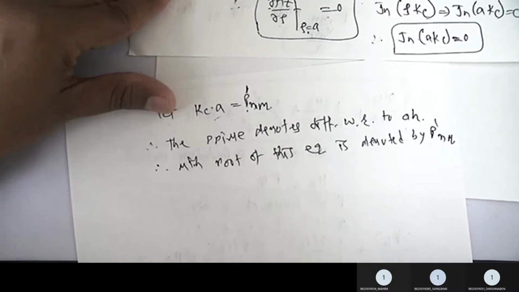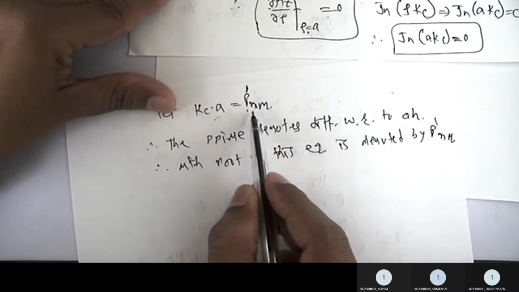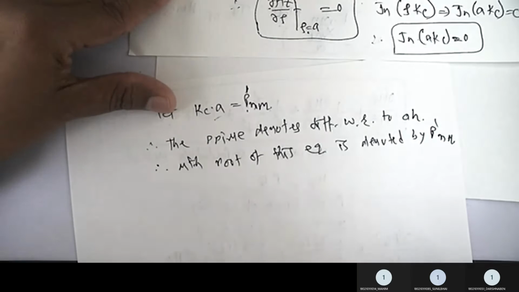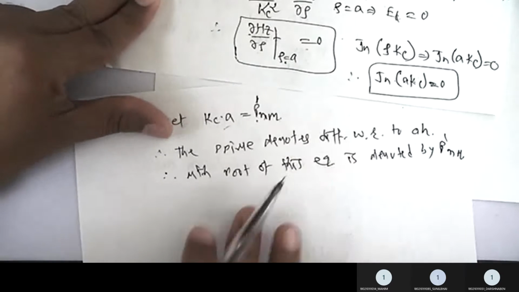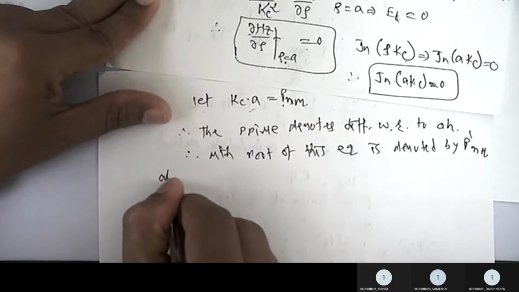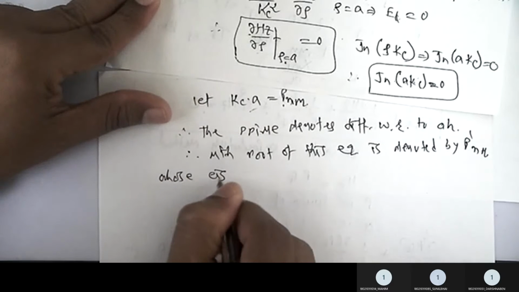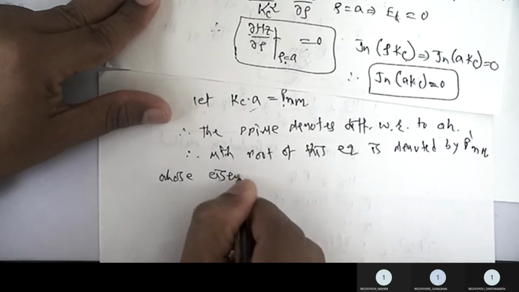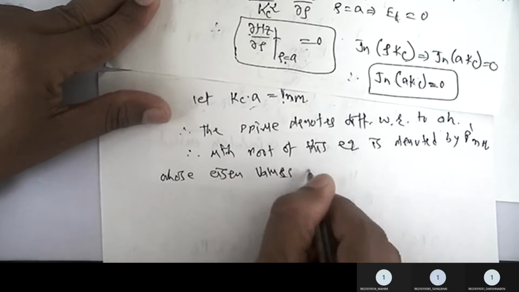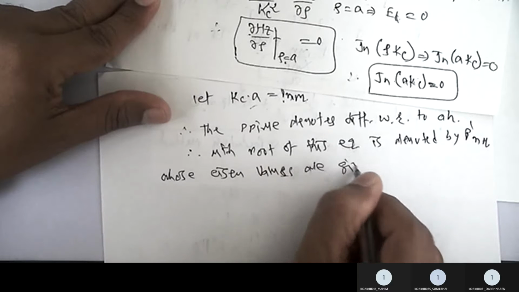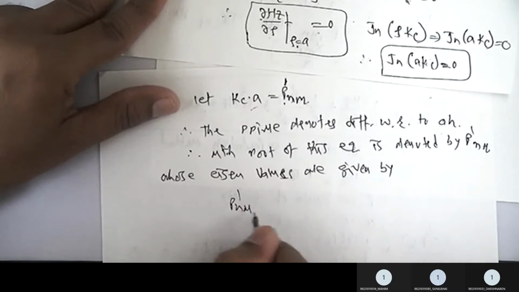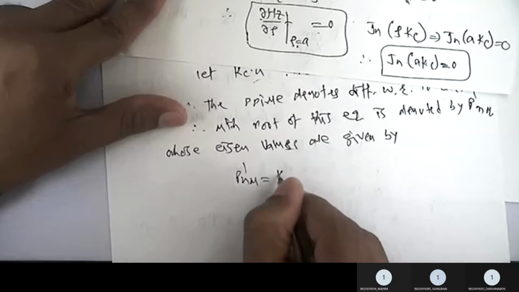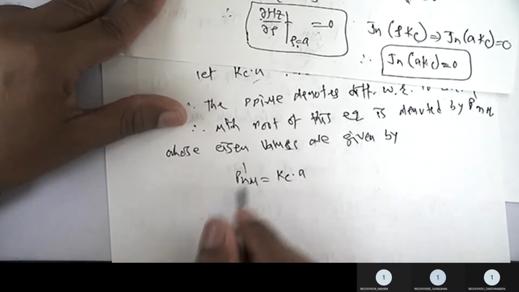So ultimately, the idea is that this p'_nm is nothing but the mth root of the above equation, whose eigenvalues are given by p'_nm, and that is nothing but equal to kc into a.